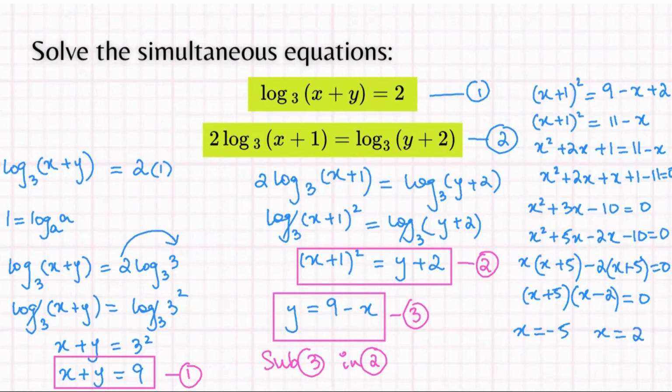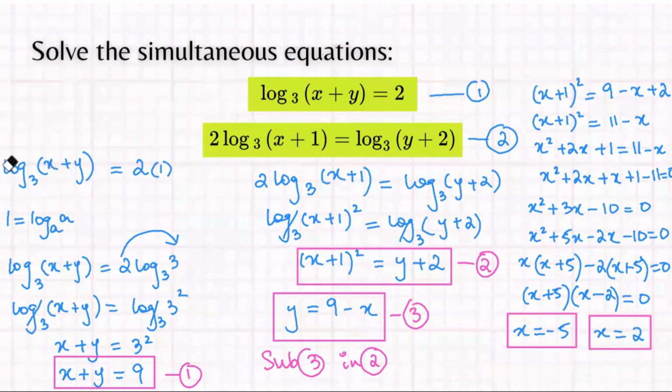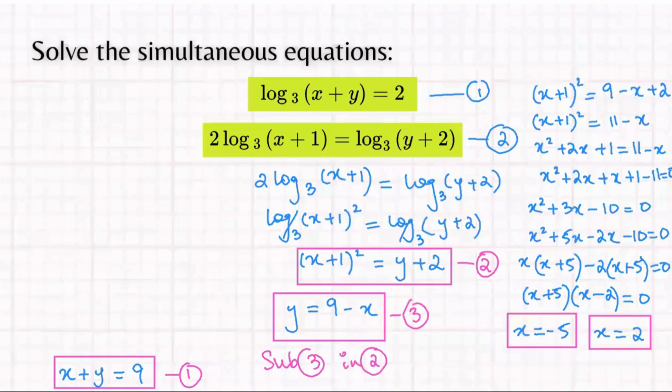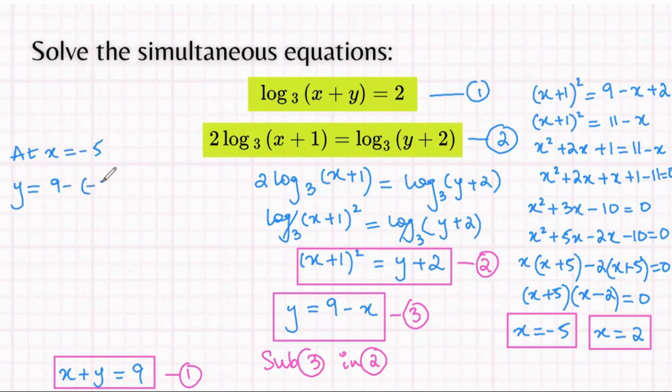So next, we need to find the corresponding values of y. To do that, we're going to substitute these x values into the first equation. At x equals negative 5, y will be 9 minus negative 5, which is equal to 14.